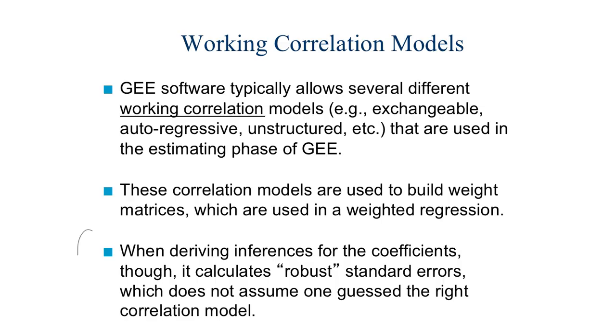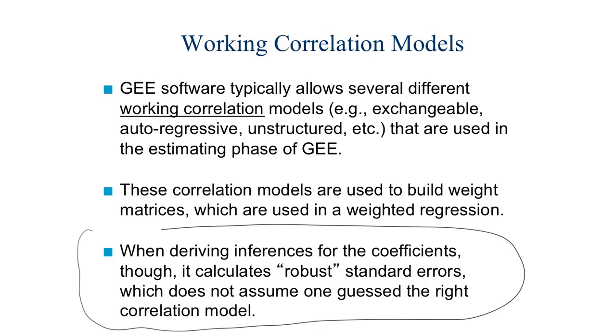And so that's what I'm saying here. At the end, you get a robust standard error that isn't based on assuming that the working correlation you specified to get your estimates of the coefficients is true. It redoes it, so it reduces some bias in the estimate of the standard errors, because it's not based on any particular model.